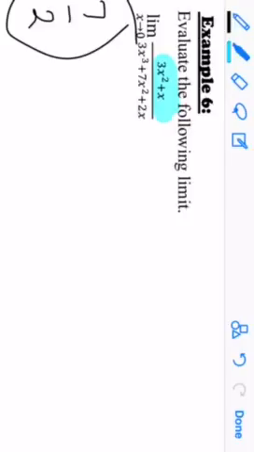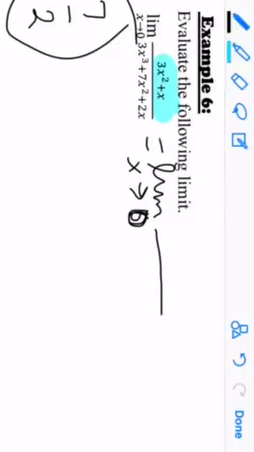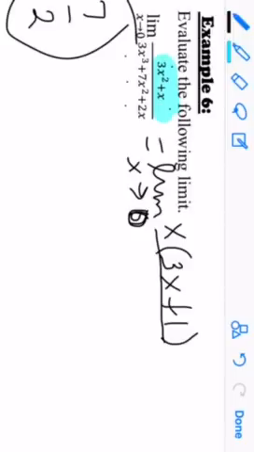Okay, so the numerator is a little bit different than a trinomial or a perfect square, like x squared minus 1 was a perfect square. Okay, the top is just GCF. What's in common with both is x. So to factor this, you just have x times 3x plus 1. You just took x out of both groups. Okay? And what's in common with the denominator? Every term also has an x.